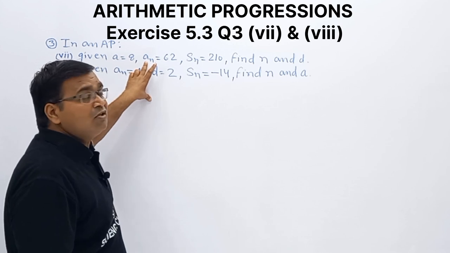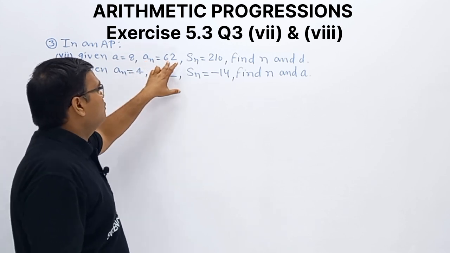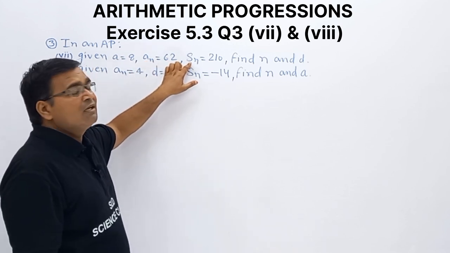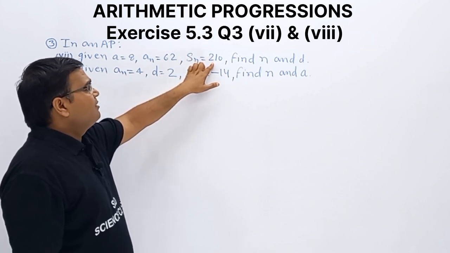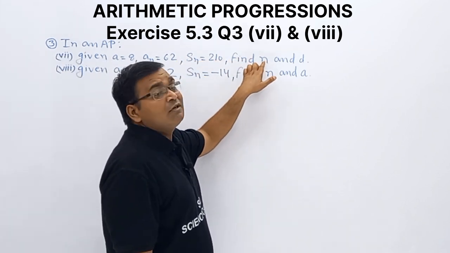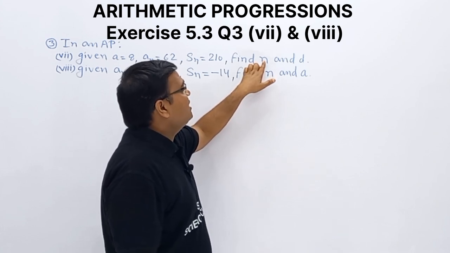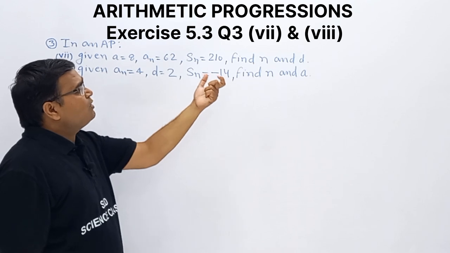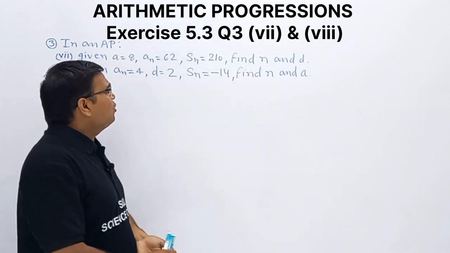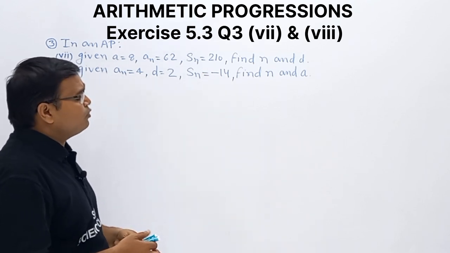An, the nth term of an AP, is 62. Sn, the sum of the n terms, is 210. Find n, the number of terms in the AP, and D, the common difference. These two things we want to find. So how we will find, that is important.